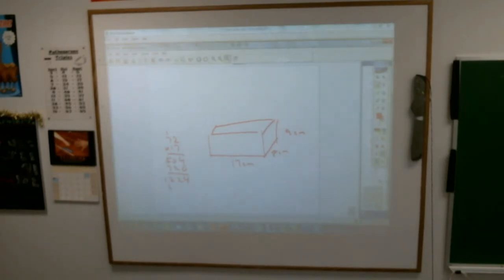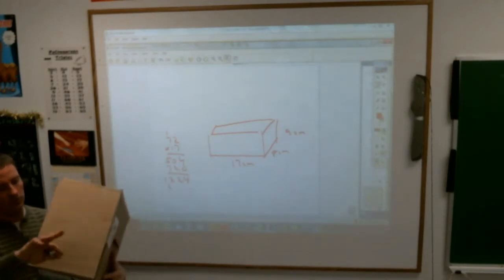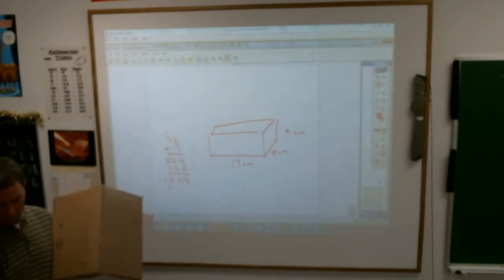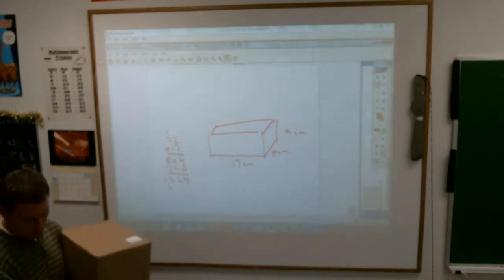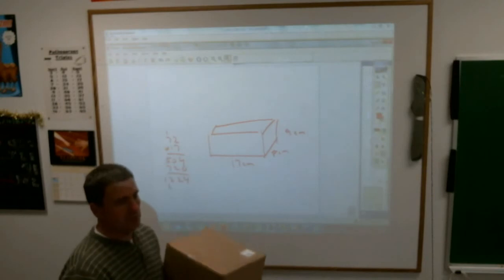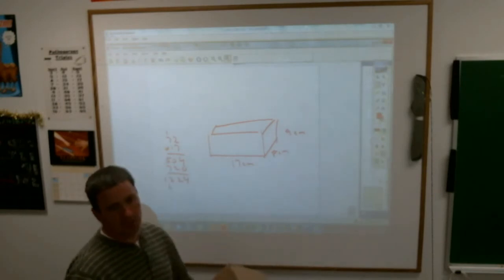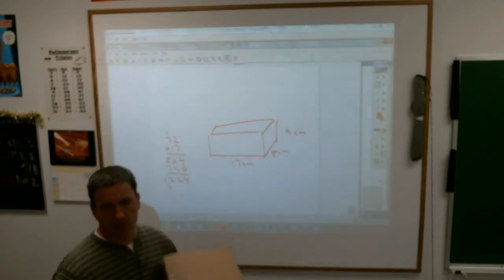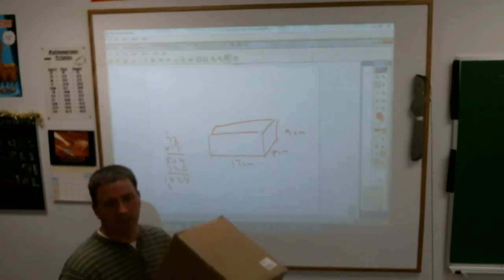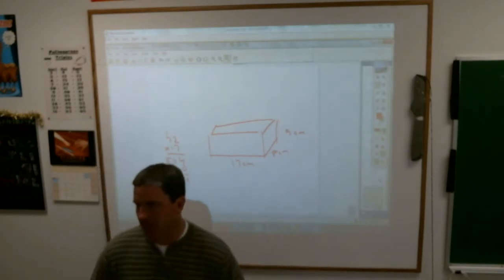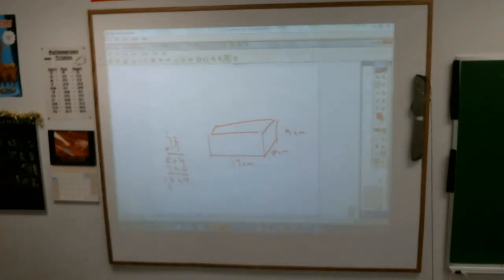If I asked you how many cubic feet my classroom is, if you look at the floor, it's got a tile. You could make a cube that is a foot by a foot by a foot. How many cubes do you think I could put in my room? Again, think about what we just said, length times width times height.